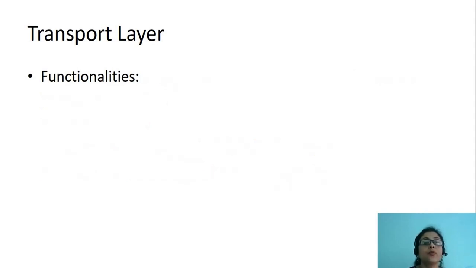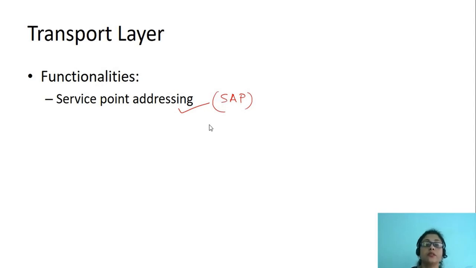So let us understand what are the functionalities in short. As it is giving us reliable transmission of data from process to process, it is used for service point addressing, also called SAP. So the service point addressing means for each process, let's say we have a transport layer here, and let's say there is a process P1, process P2, and process Pn happening.